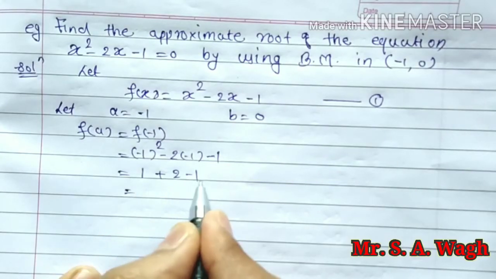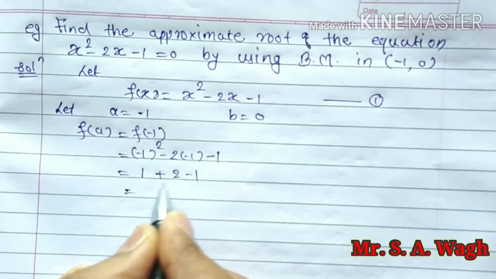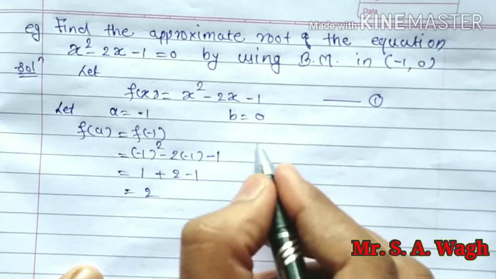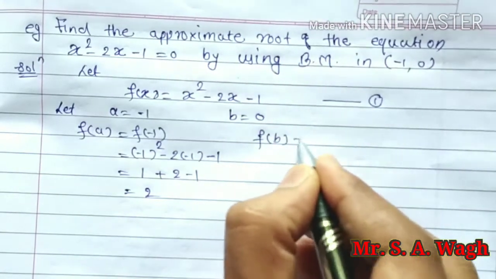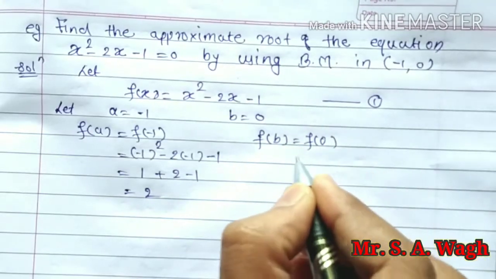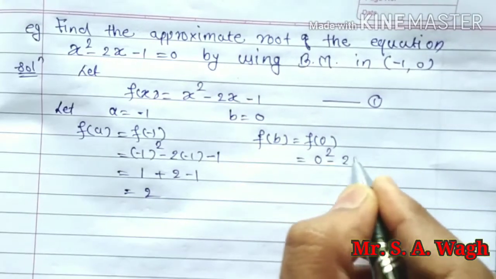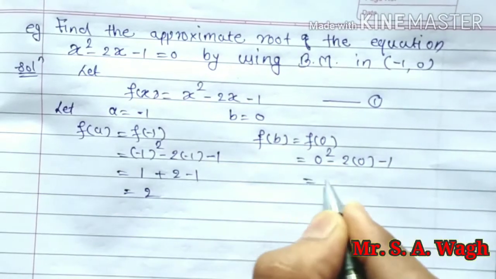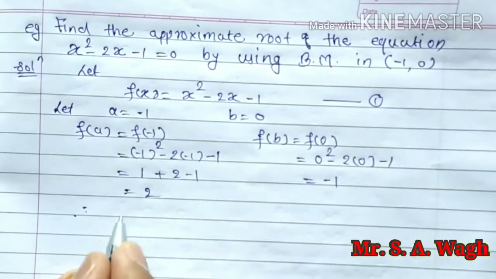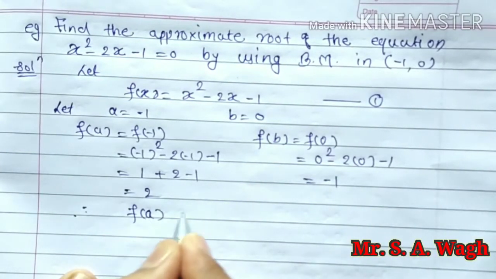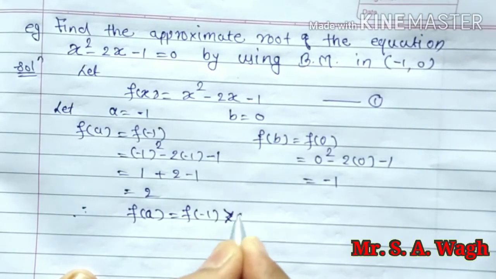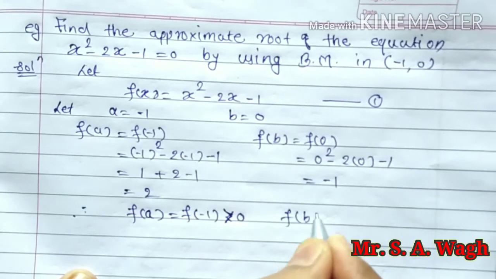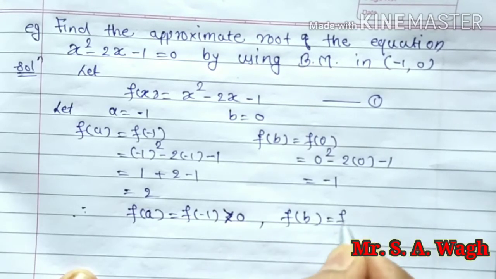This will be 2, and f of b, that is f of 0, is 0 square minus 2 into 0 minus 1. So this is minus 1. And so in this case f of a, that is f of minus 1, is greater than 0, and f of b, that is f of 0, is less than 0.